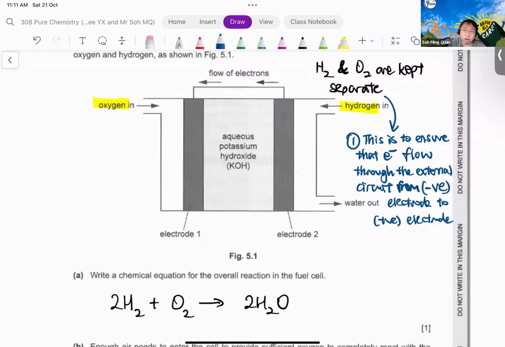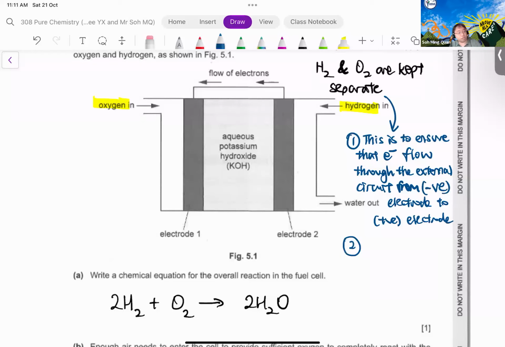If hydrogen and oxygen were allowed to mix, all right, then they will just react together. There won't be electron flow through the circuit anymore. There will just be electron flow from one chemical to another chemical. Full stop. All right. The whole purpose of a fuel cell is to generate electricity to power a car, a machine, right? So it must flow through the circuit where the machine, the cars are.